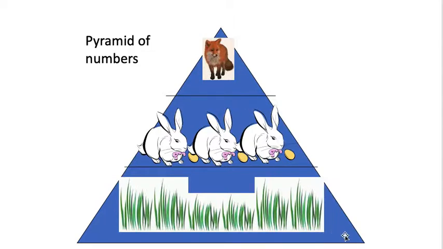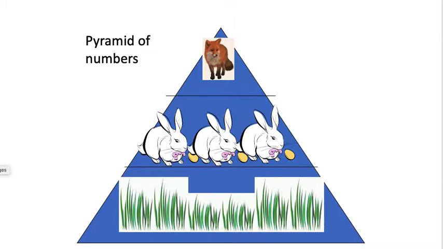So your pyramid is adhering to a lovely pyramid size in that you have loads of numbers on the bottom tier, loads of producers, you have fewer primary consumers, and you've even fewer secondary consumers or top consumers, as we might refer to the fox. So that gives you a nice pyramid-shaped pyramid of numbers.